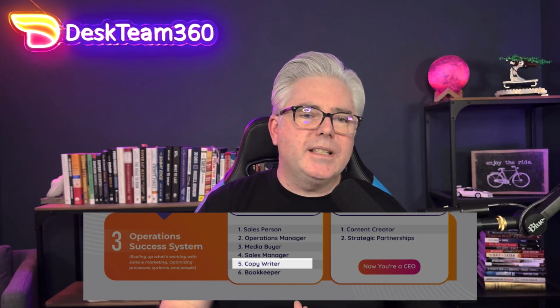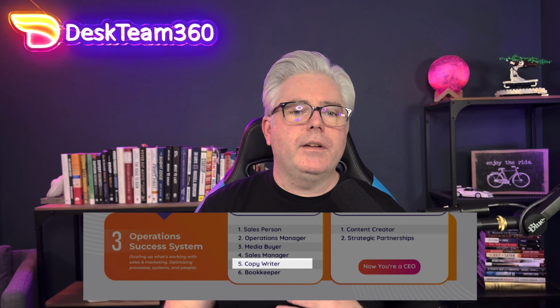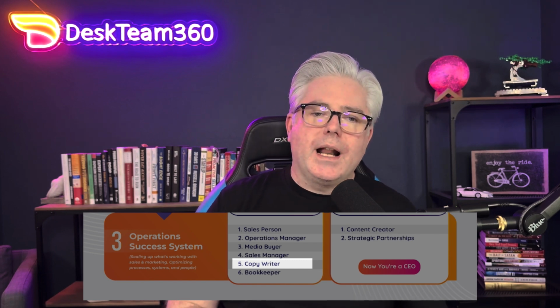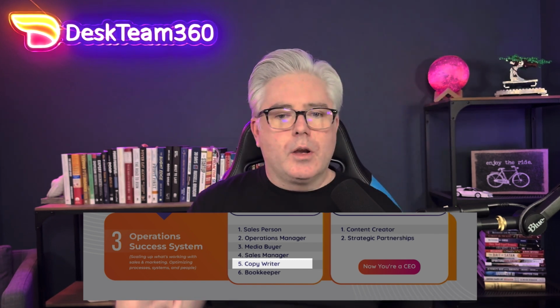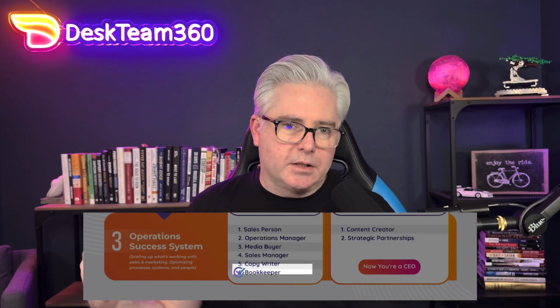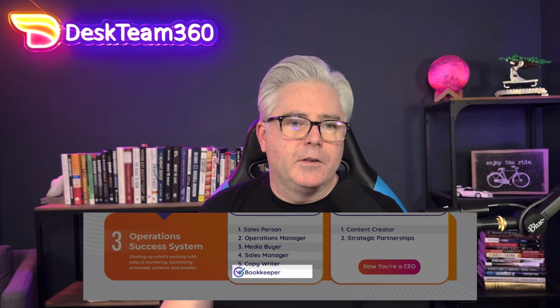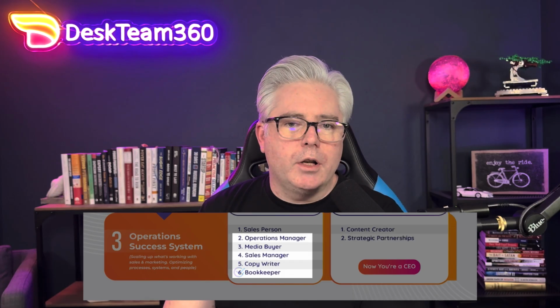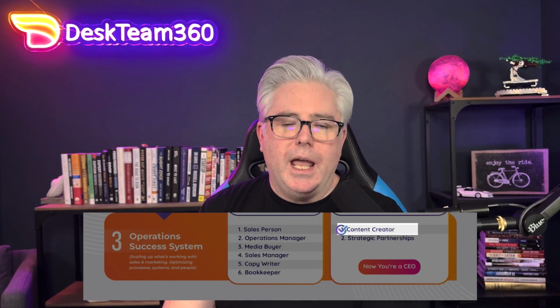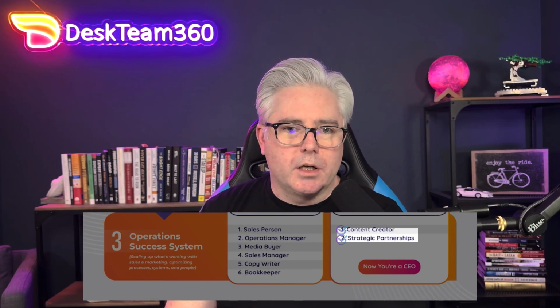So once that person is in the groove, great, they're working on their own. And you can hire some bookkeeping service, and that takes that off of your plate to where now all you're doing is content creation and working with strategic partnerships.